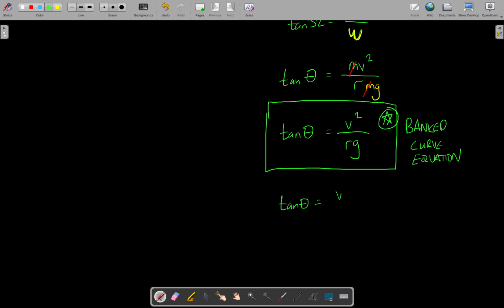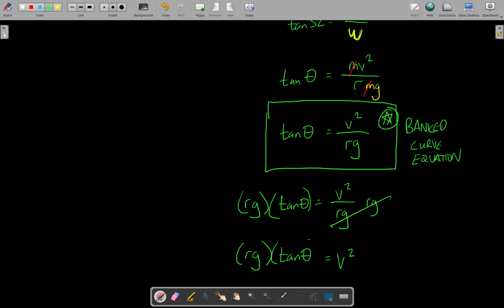Tangent theta equals velocity squared divided by radius times gravity. I'm going to move the radius and the gravity to the other side. So we're going to do that by multiplying both sides by radius times gravity. That cancels out, so our rearranged equation is velocity squared equals radius times gravity times tangent theta.